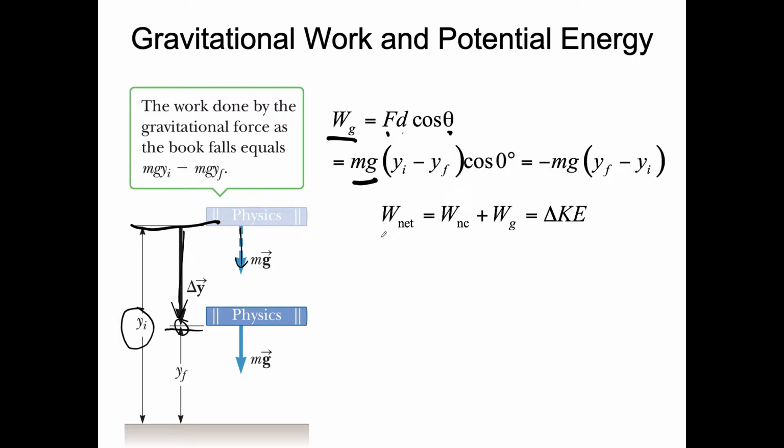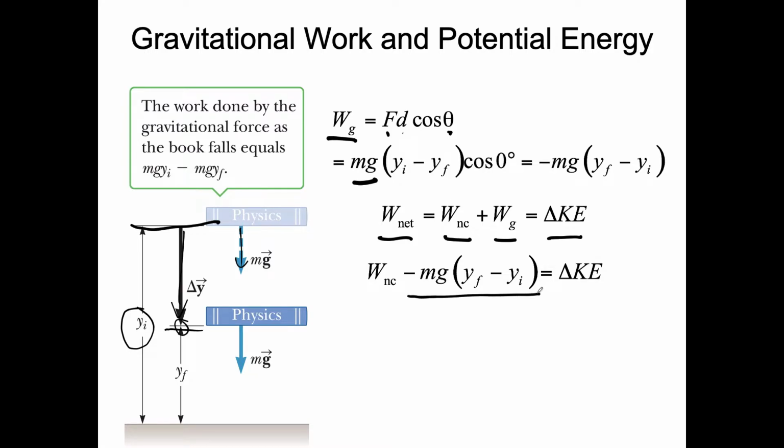Now we know the total work, the work done by non-conservative force plus the work done by conservative force. In this case, the work done by gravity equals the change of kinetic energy. And we also know the work done by gravity is negative mg (y_f subtract y_i) equals delta KE.